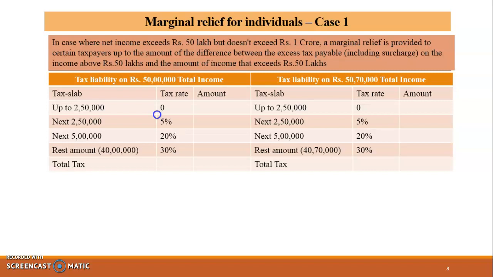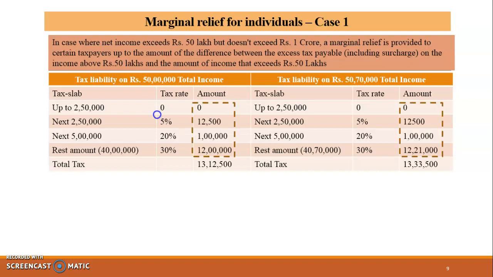So he is very happy that he has earned 70,000 more than last year. At the time of filing the tax to the government, he calculated his tax liability.